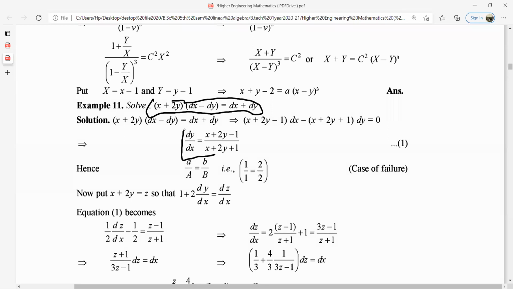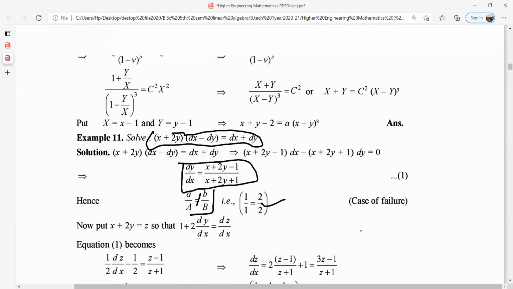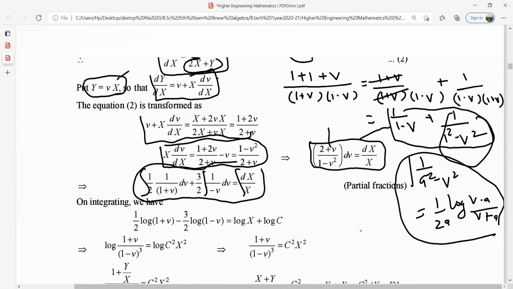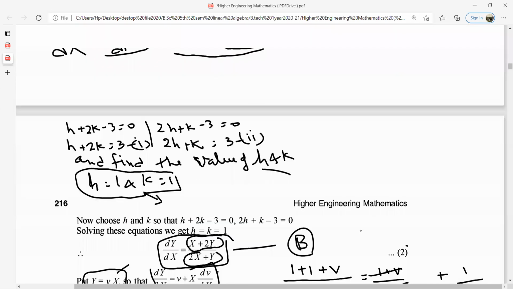Firstly, you have to convert your equation in this form. After that, check whether a and b are the same or not. If same, here 1 by 1 equal to 2 by 2, so you have to use the second case. I'm now going to explain this second case.